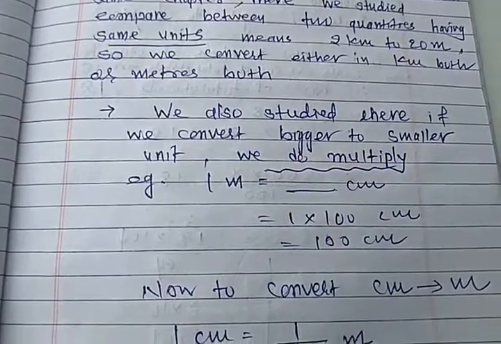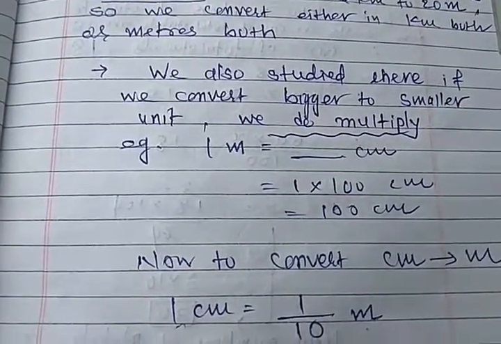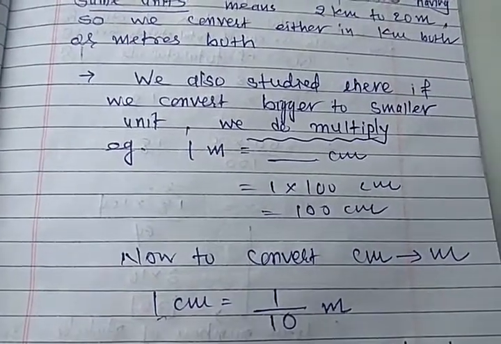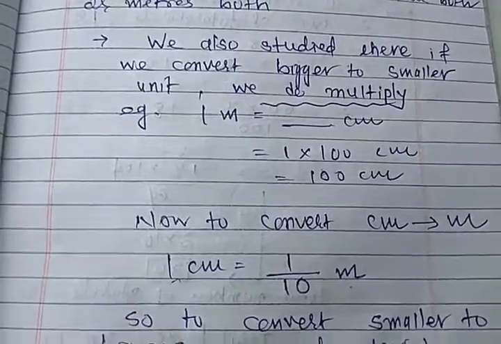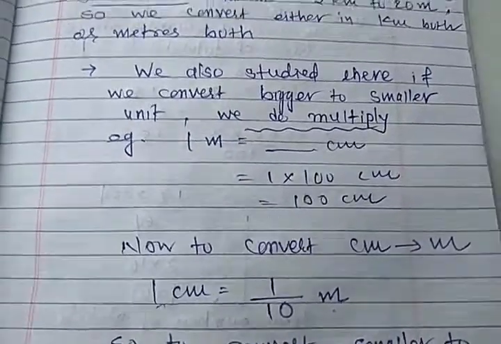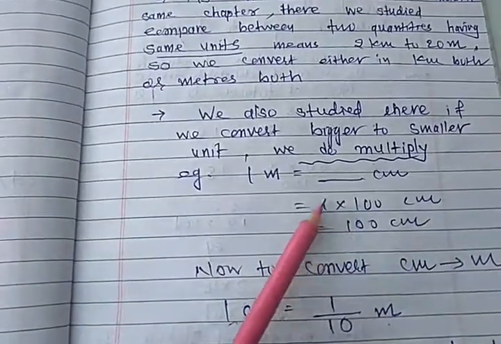Whenever we convert bigger to smaller units, we have to multiply. 1 meter is equal to how many centimeters? 100 centimeters, right? So here we write 100 centimeter, 1 into 100.